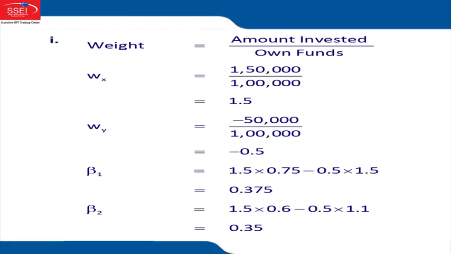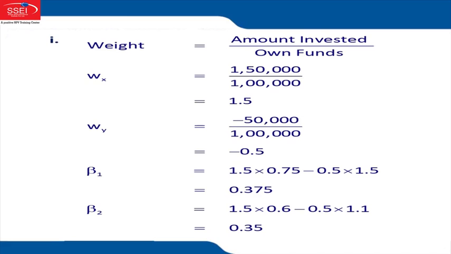So weight of X is 1.5, weight of Y is minus 0.5. And then you can calculate the weighted average. The beta 1 of the portfolio is equal to 1.5 into 0.75 minus 0.5 into 1.5. 1.5 was the weight of X. That's beta 1.